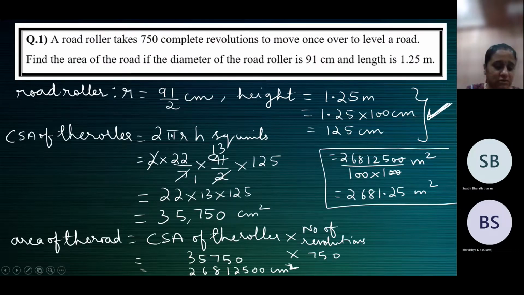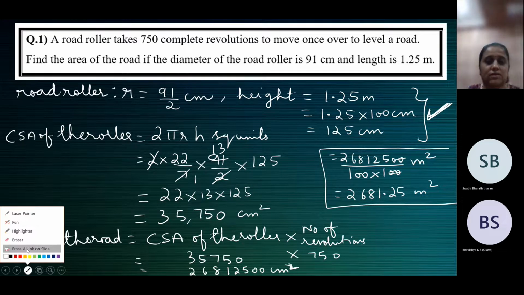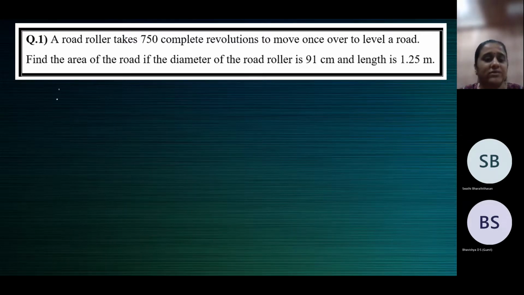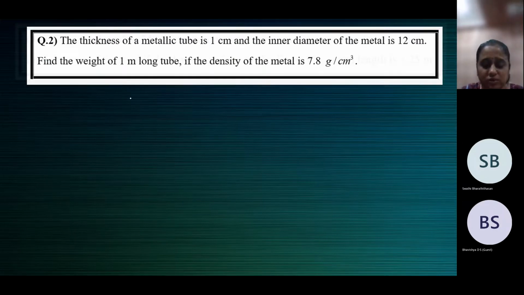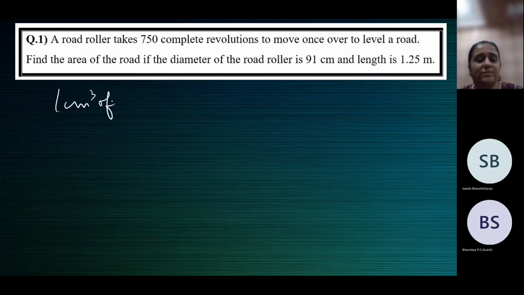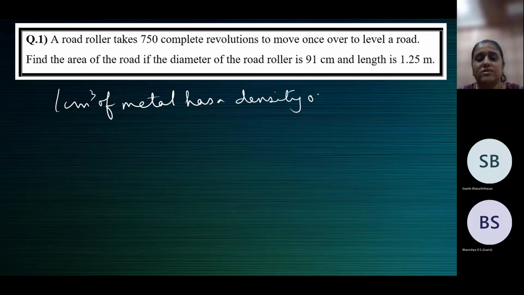Okay, now 1 centimeter cubed of tube, it's a pipe, right? Or a tube. 1 centimeter cube of metal has a density of 7.8 grams.